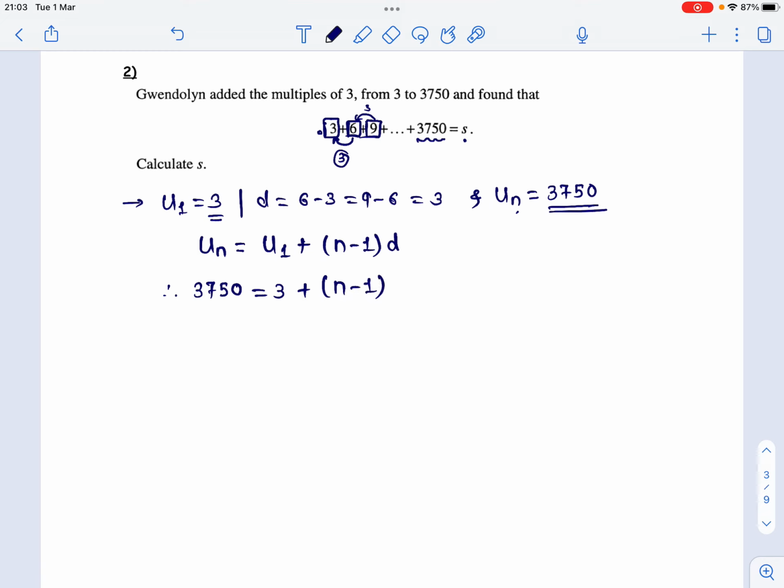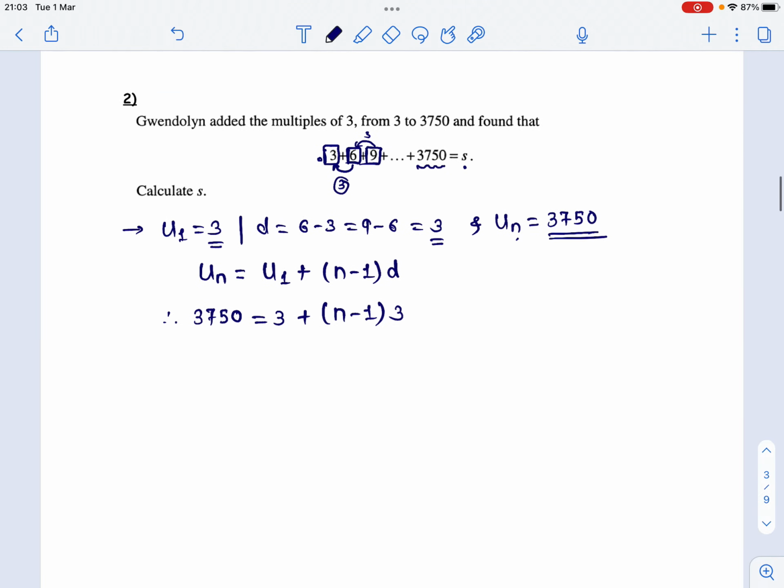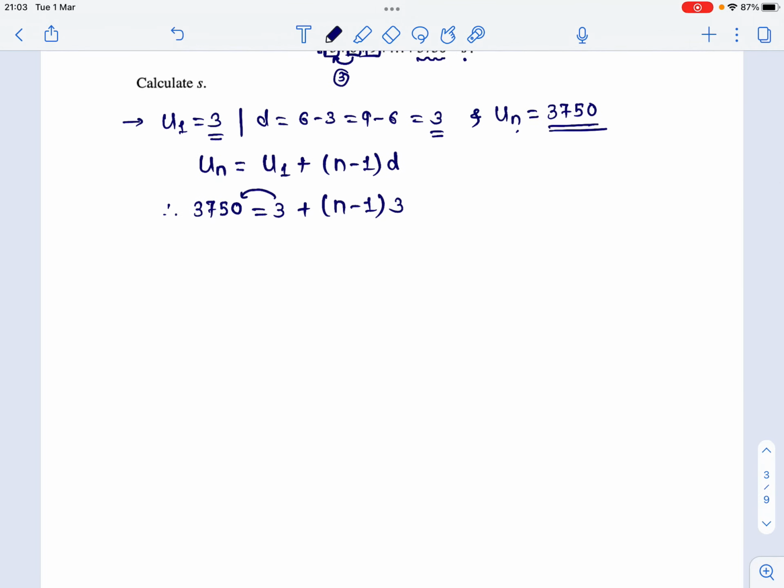The difference we know, that is 3. First you transfer this. 3750 minus 3 is equal to, again, open this bracket if you are not comfortable dividing finally. So that becomes 3n minus 3. 3750 minus 3 is 3747, which is equal to 3n minus 3.